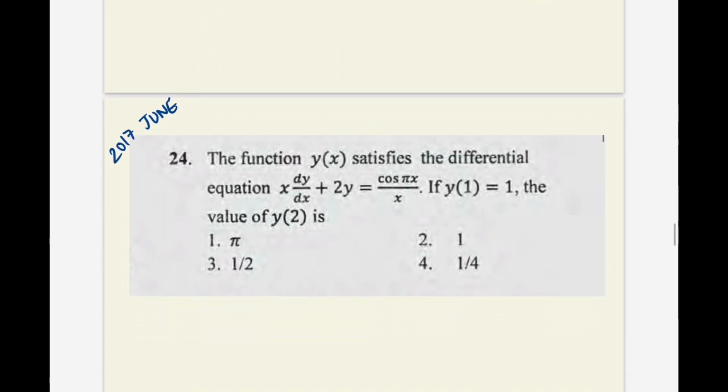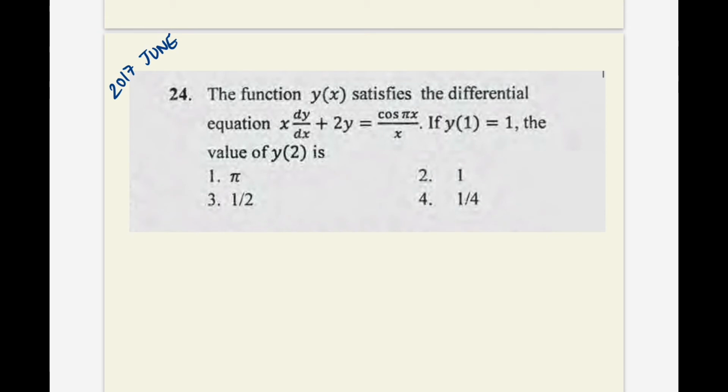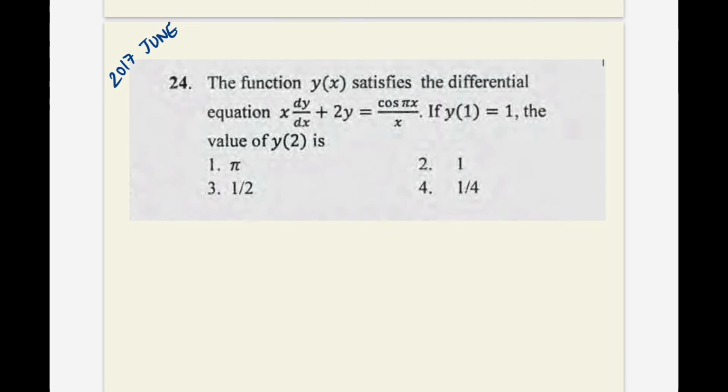Now another question is from 2017 June. The function y(x) satisfies the differential equation x dy by dx plus 2y equals cos(pi x) by x, if y of 1 is equal to 1. The value of y of 2 is.